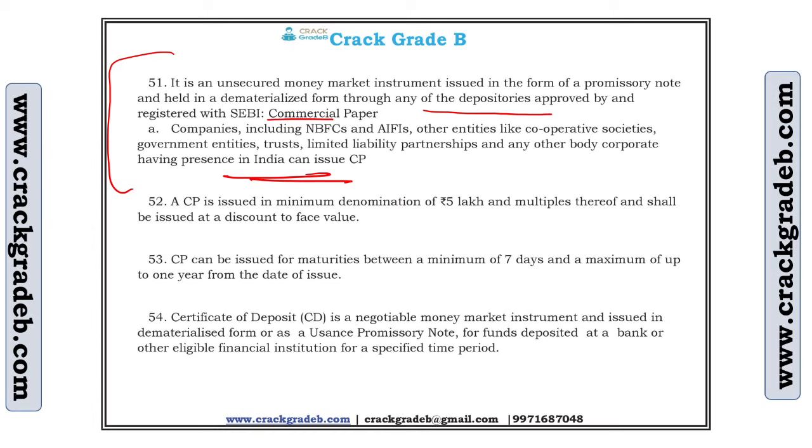A commercial paper is issued in a minimum denomination of 5 lakh and multiples thereof, and shall be issued at a discount to face value. Now, CP can be issued for maturity between 7 days and a maximum of 1 year from the date of issuance. So see, these are very important things.